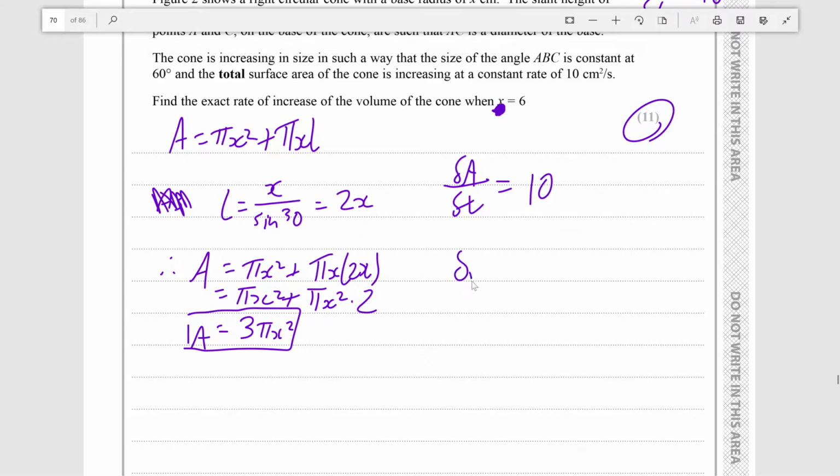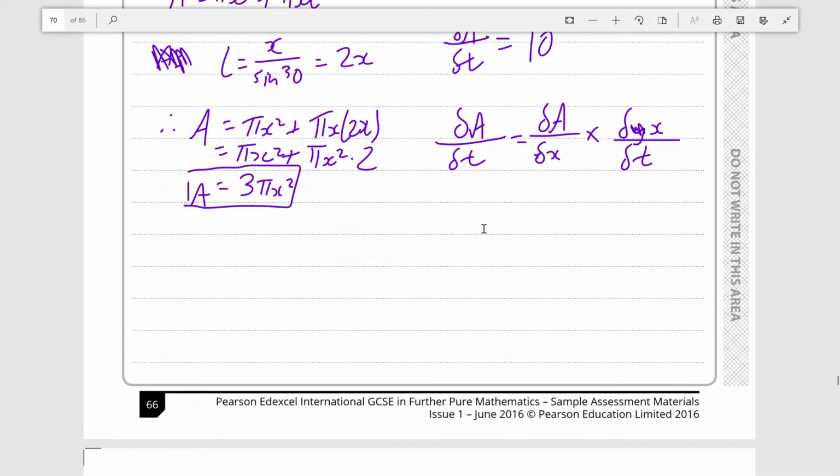But we also know, using some chain rule intuition, since for every little change in dx, dA must change by that same little bit, and for every little change in time, dx must also change to make that change in area happen. So dA by dt can be re-expressed as dA by dx times dx by dt. And we can find dA by dx algebraically.